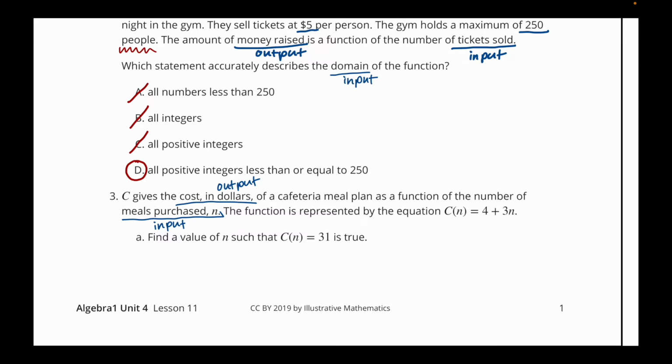This is a fancy way of saying, hey, please find out what number you can plug in to make it equal 31. So we're going to say 31 equals 4 plus 3n and solve for n. So let's subtract 4 from both sides.